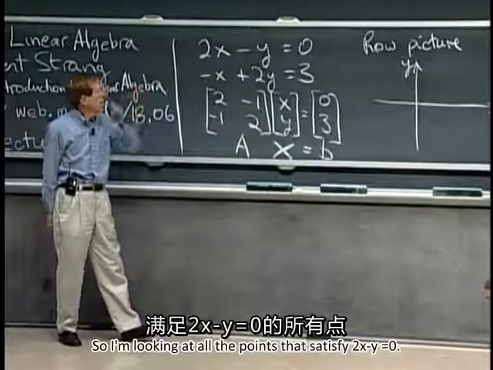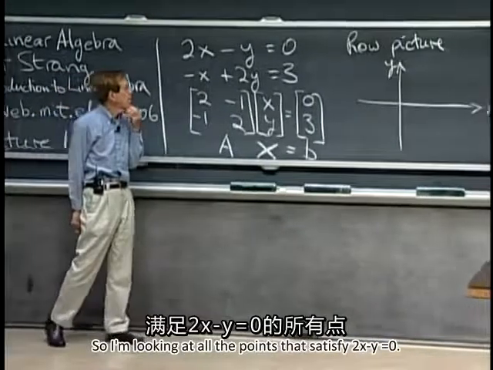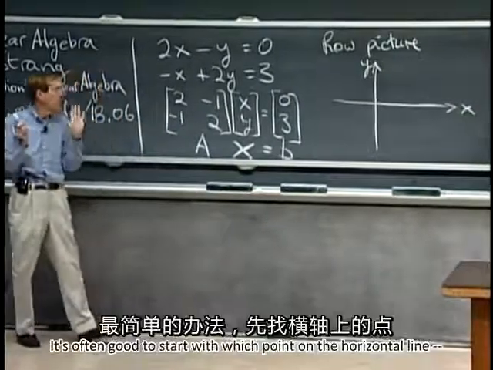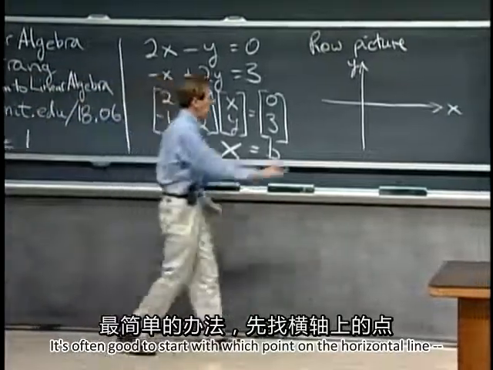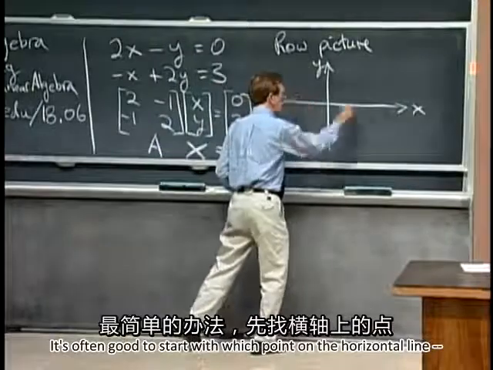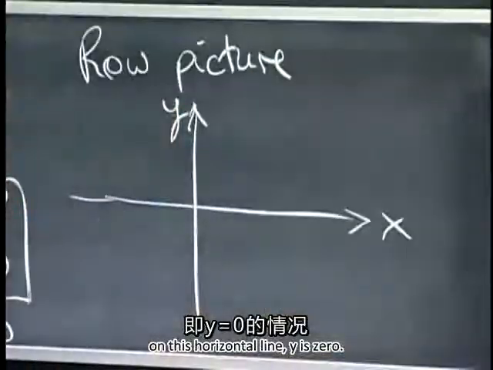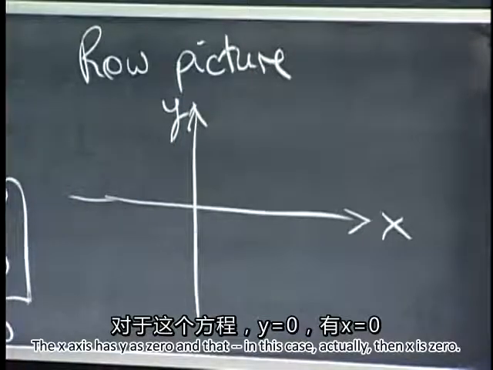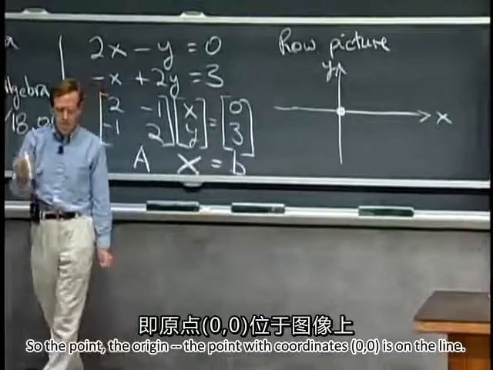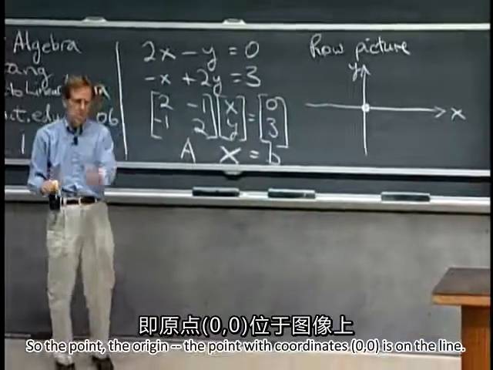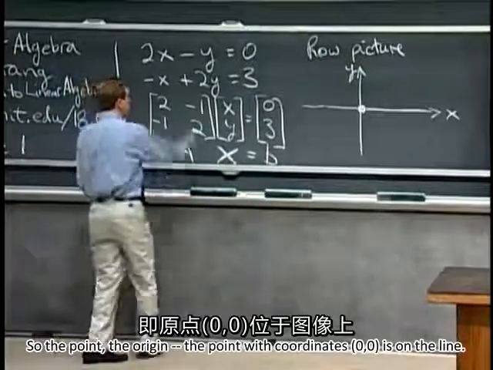So I'm looking at all the points that satisfy 2x minus y equals 0. It's often good to start with which point on the horizontal line. On this horizontal line, y is 0. The x-axis has y is 0, and in this case, then x is 0. So the point, the origin, the point with coordinates 0, 0, is on the line.